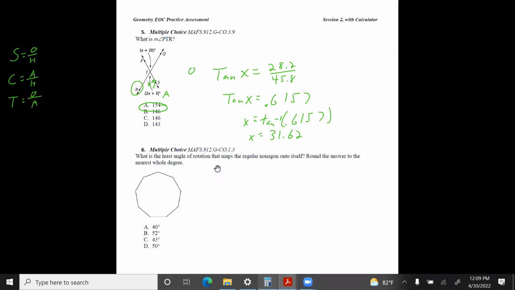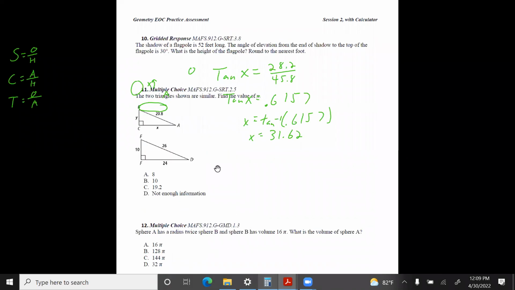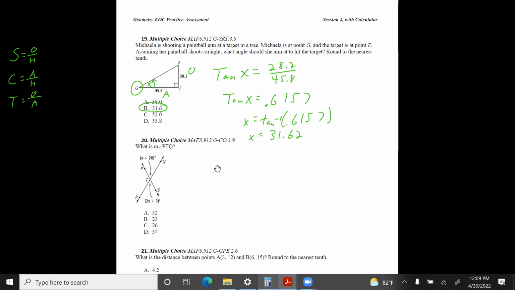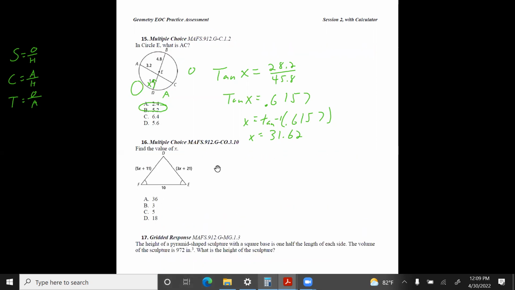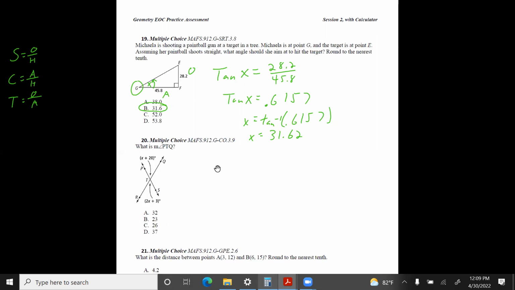Right there, number 5. We had X plus 20, 2X plus 3. Well, we pretty much already did this one. They just are having us find a different angle this time. If you look back at number 5, we already did all the work for that one earlier. I'm going to do it again since I erased it. It's no longer on the slide.